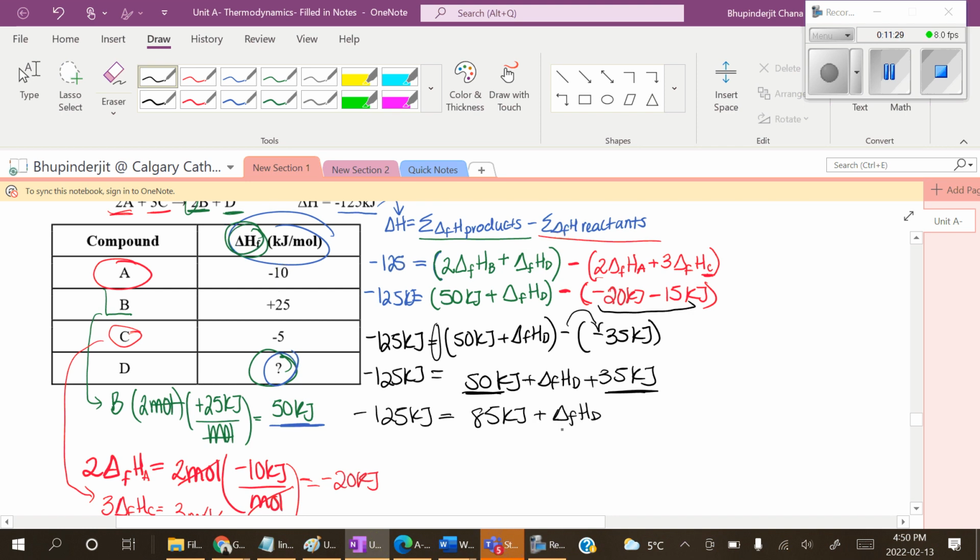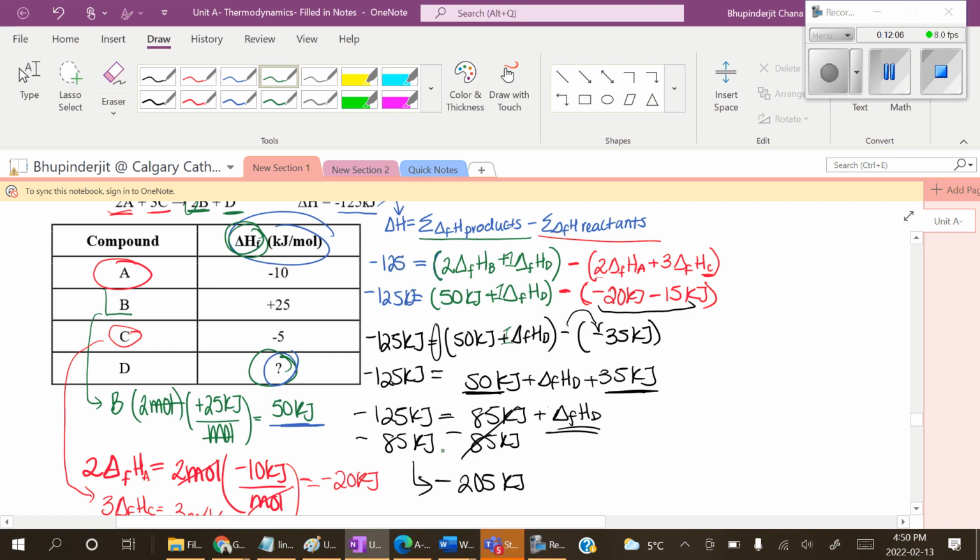Now let's isolate for this one. I'm going to subtract 85 kilojoules on both sides. And that is going to give me negative 205 kilojoules. Now, I forgot to add this in, but there's an invisible 1.